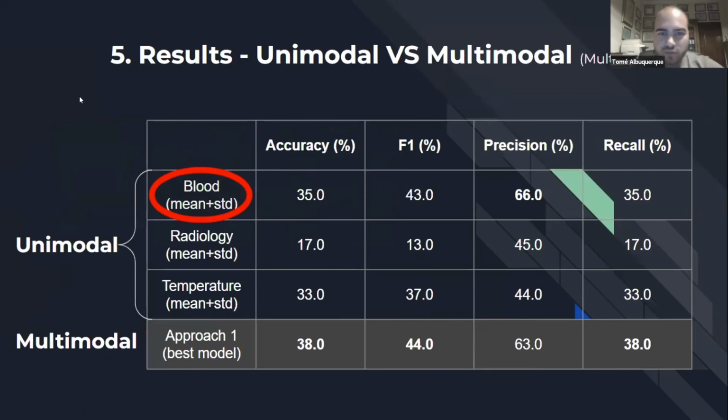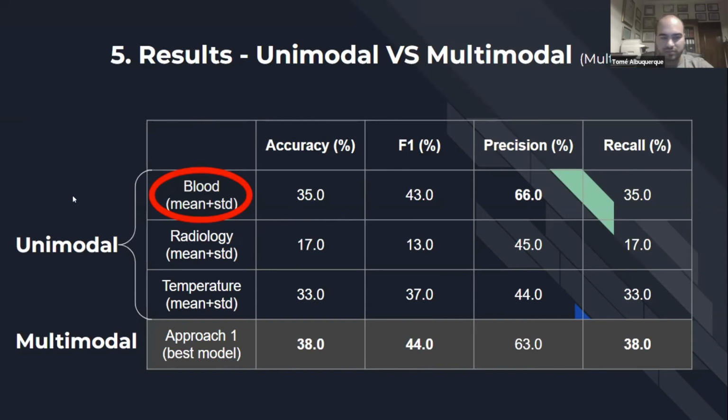After that, we try to compare the unimodal approaches versus the multimodal, and we can see clearly that there is an advantage of using multimodal inputs in the model, in three different metrics.